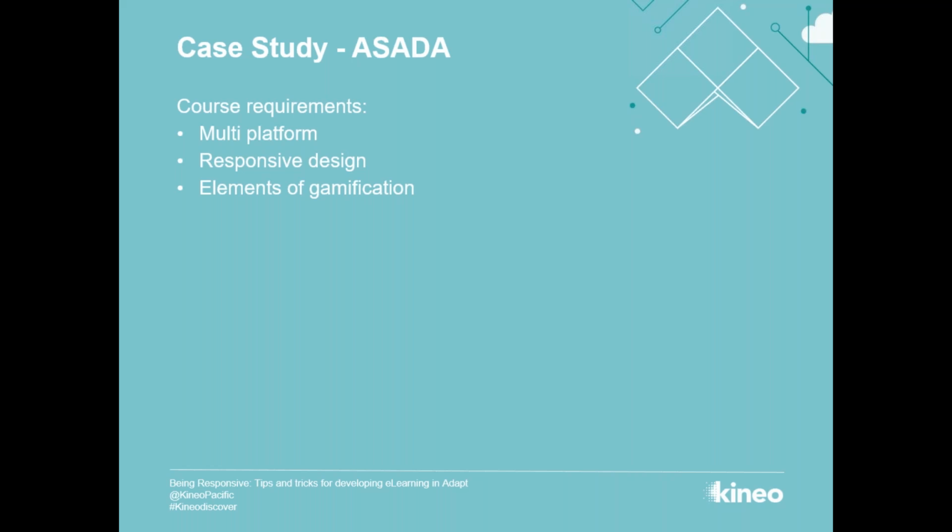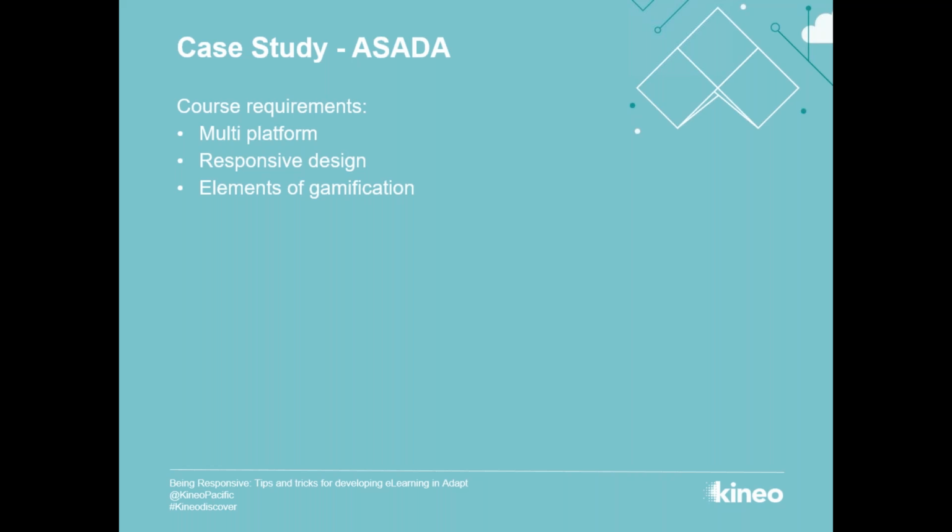They were also being required to come on board and do our courses as well. So very varied levels of computer literacy, very varied levels of computer builds, platforms, and that kind of stuff. So we were having people accessing our courses on Windows 98, even as recent as a couple of years ago. So very, very broad. Responsive design, it had to go on iPhones, it had to go on Samsung tablets, it had to go up to iPad Pros and down to your small iPhone 4s and that kind of stuff.